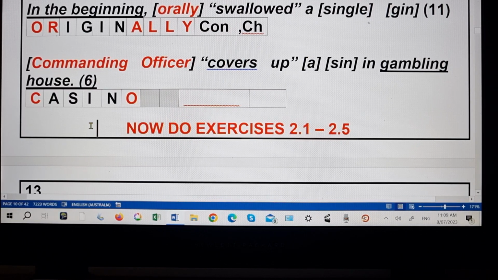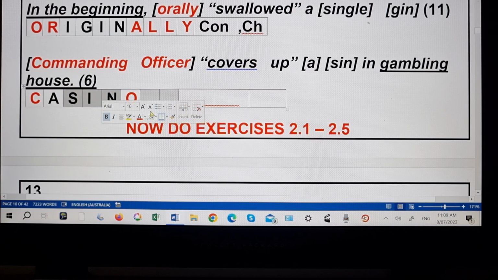Now it covers up a sin. Does that work? Oh, there's A, and there's sin. A sin. Yes, it is. So we proved the answer is casino because we have a charade for a sin, and in.